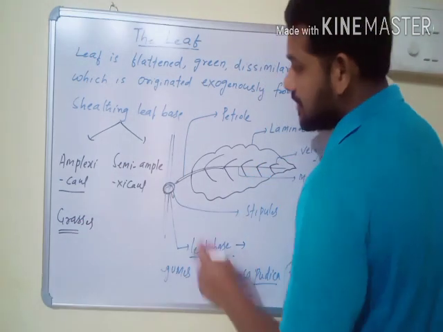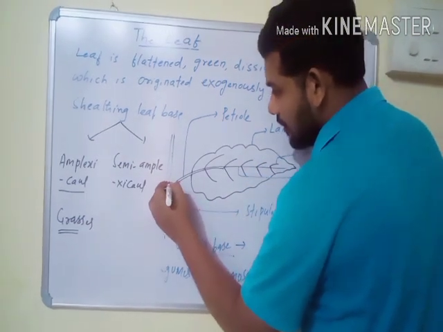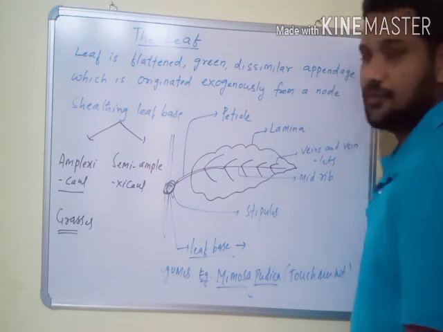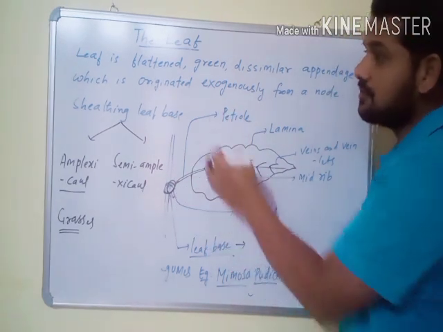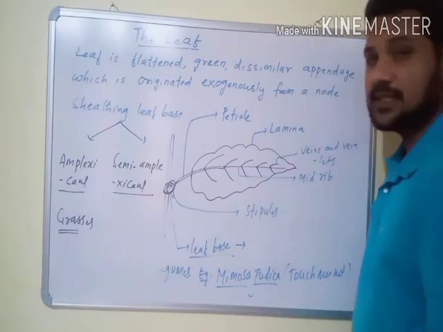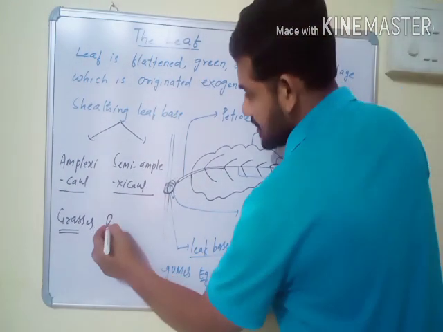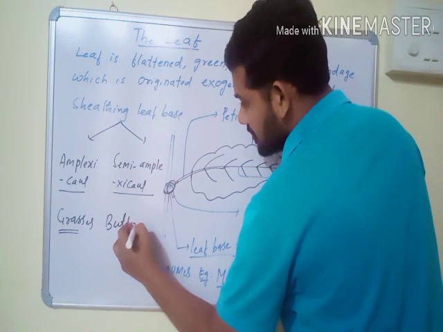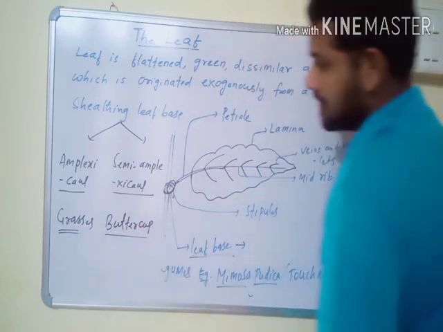In semi-amplexicaul, half of the stem is enclosed by the leaf base. Semi-amplexicaul leaf base is present in plants like buttercup.